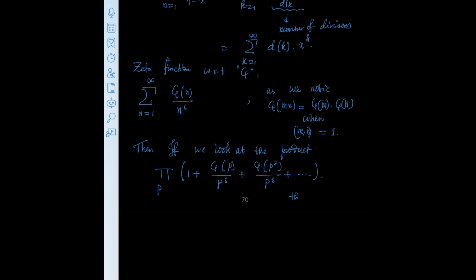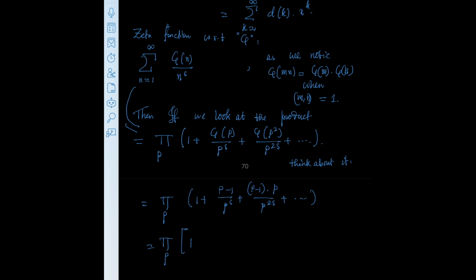Think about it. If you evaluate this product, you will get this sum because phi n is multiplicative. So this is exactly equal to the product over p of 1 plus this expression. What is phi p? It is p minus 1. What is phi p squared? It is p minus 1 times p, over p to the power 2s, plus dot dot dot.